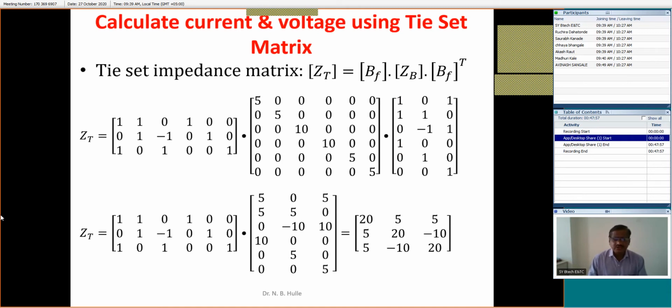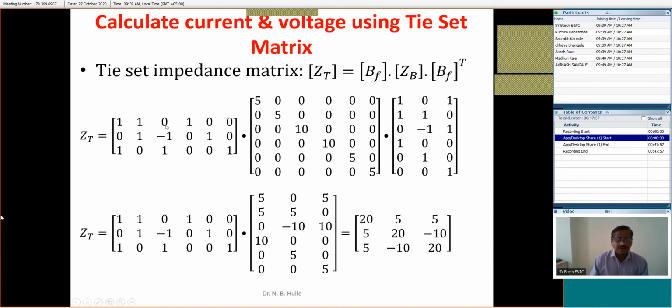Is it right? If we know the branch impedance matrix, then we will prepare this ZT, which is the tie-set impedance matrix, using this equation. What is the equation? BF into ZB into BF transpose. First, what I have done is I have taken this BF, the fundamental tie-set matrix.